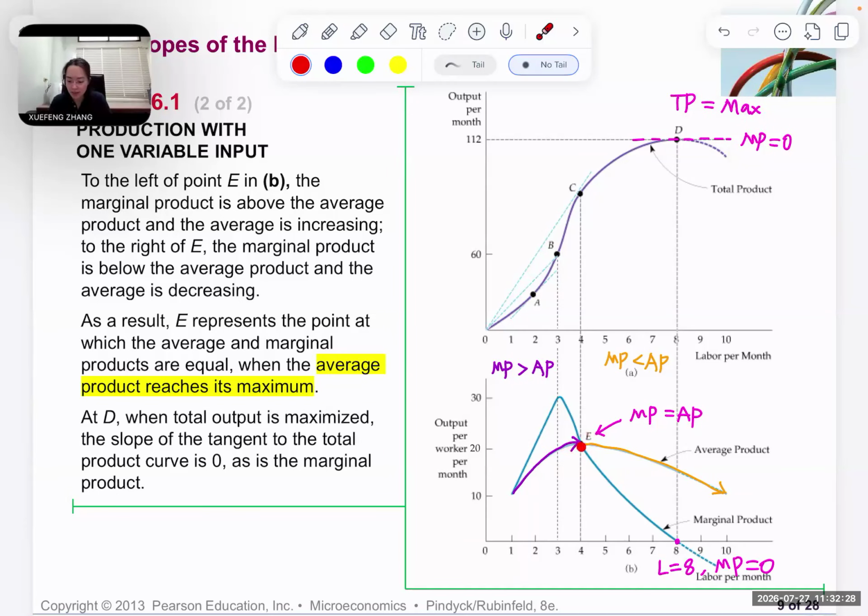That means this one is the maximum average product. But at point D, total product peaks, all right? And when total product is maximum, MP, marginal product, equals 0. You need to show me that marginal product equals 0 exactly, okay?